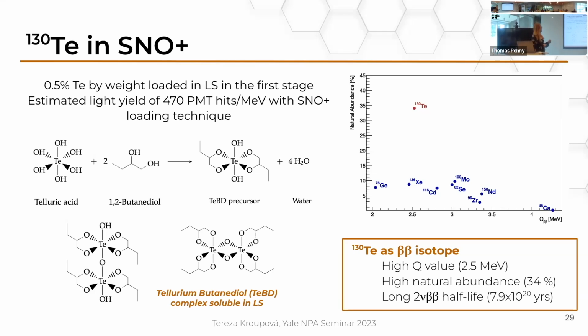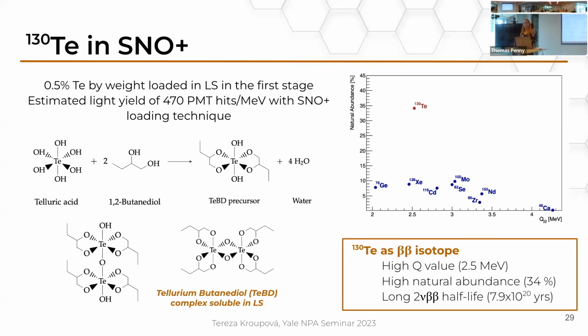So for that, we start with telluric acid, which has those 6 OH groups, and we perform a condensation reaction, which in kind of short terms just wraps it in some way with those nice and lovely organic tails. And we've published this loading method, and we've had samples that have been stable for a very long time.